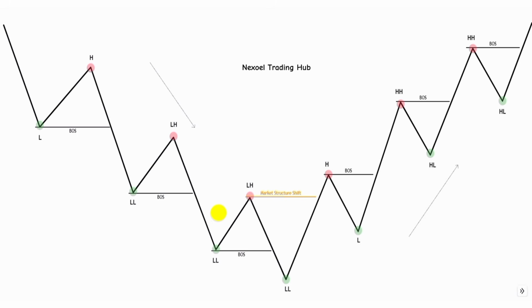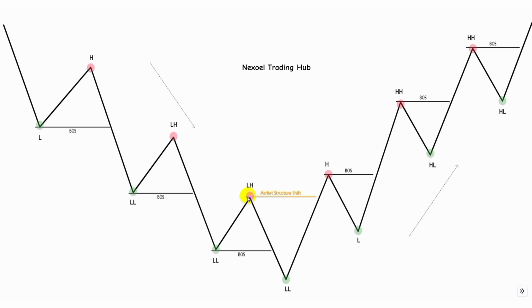But now the market is giving us a reversal signal. You can see from a bearish market condition, we switch into a bullish market condition. What validates the bullish market condition is that when the corrective move was coming to the upside, it broke through the previous swing high point that the bearish market condition created.